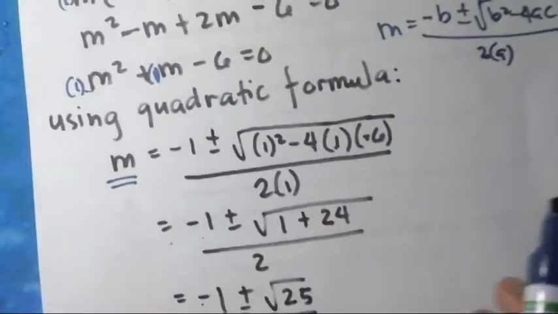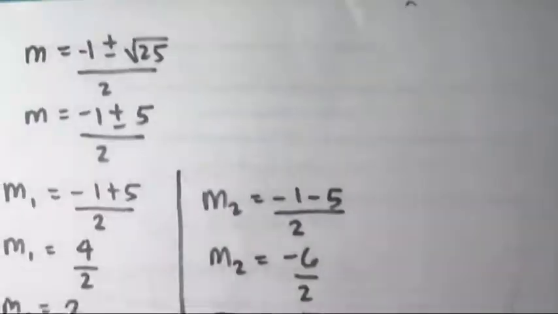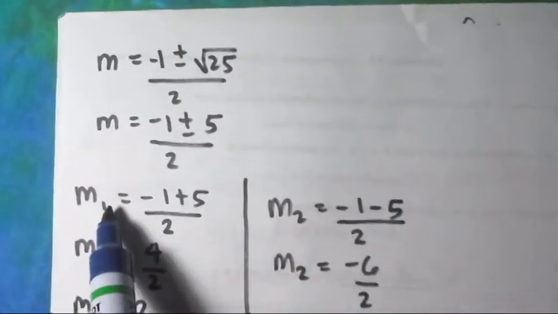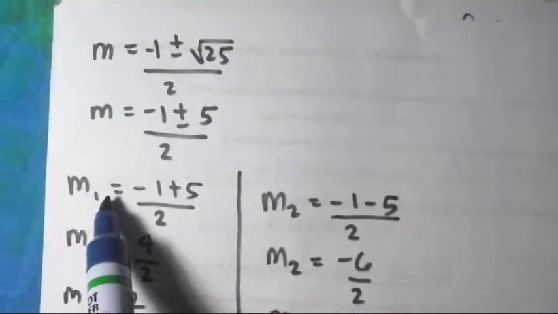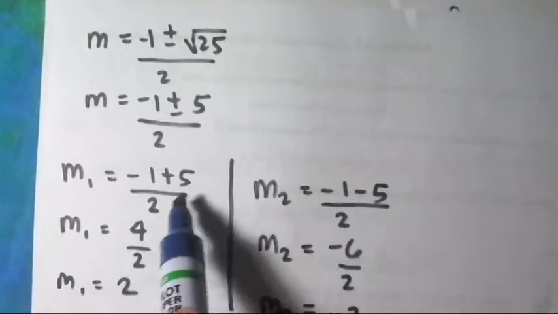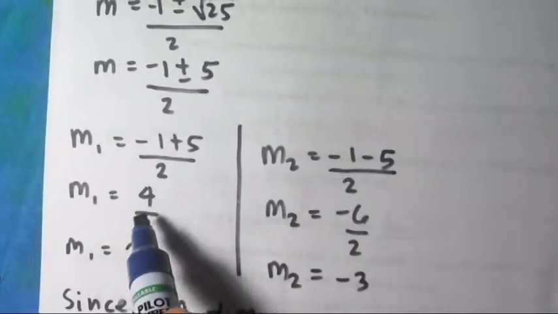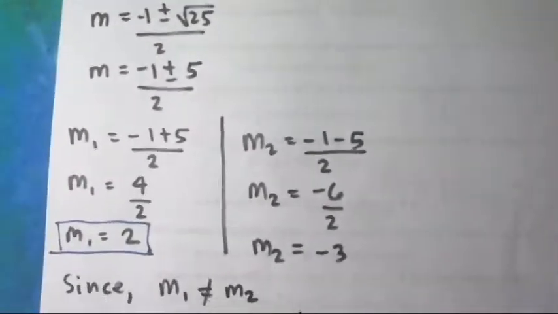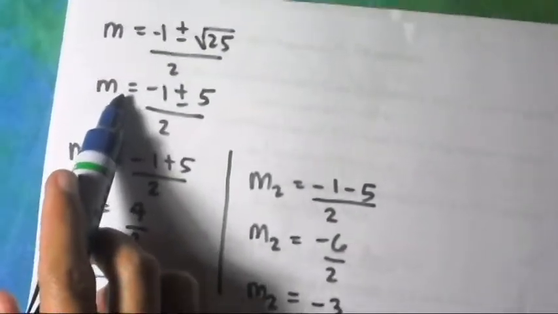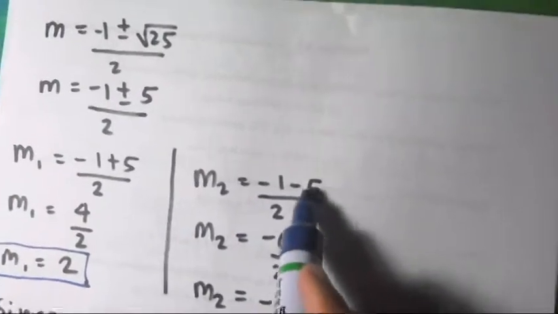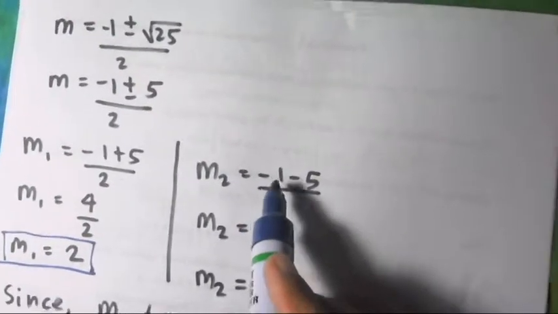And having this equation, we now have the value of m, which is m1. We denote this as m1 equals negative 1 plus 5 over 2. Therefore, we have 4 over 2, which equals 2. And now, looking at the other value of m, which we denote as m2, equals negative 1 minus 5 over 2.